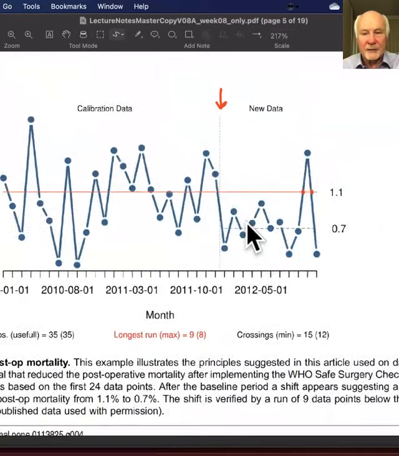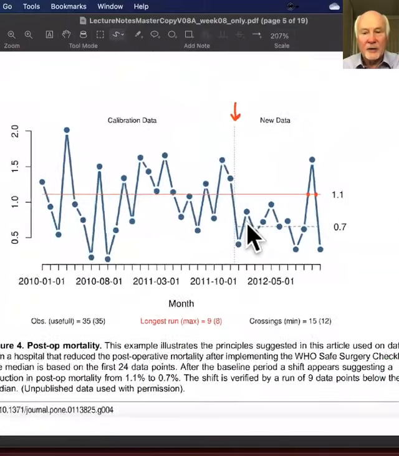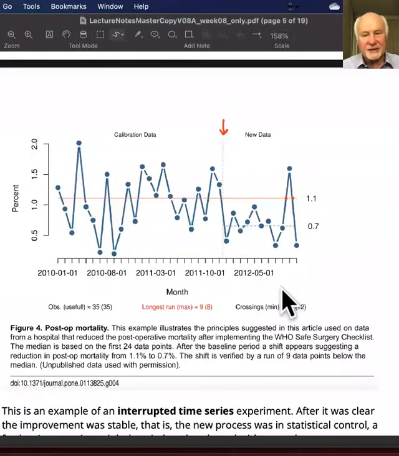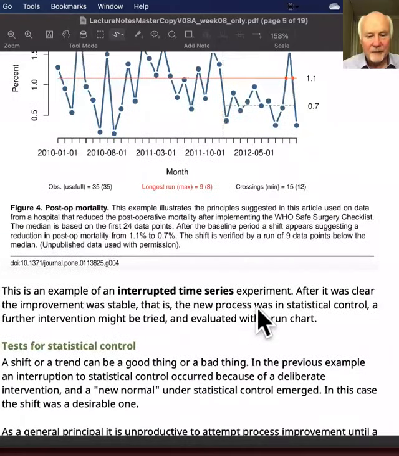So I wouldn't worry about that, but just remember that you only need to get a signal. That's the way we think about it: you get a shift test signal or a crossings test signal. So you get one of them, you're good. You've got the 95% confidence.